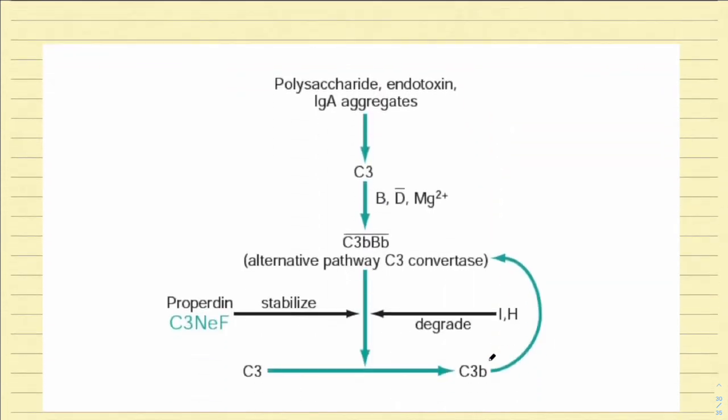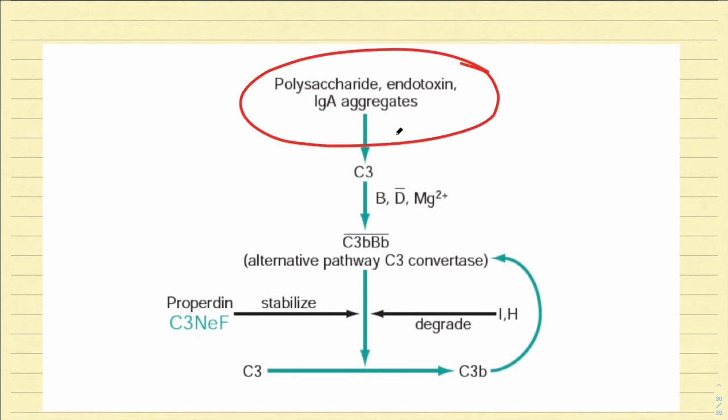So if you look over here, basically, for example, if any of these factors are present, they are basically activating this C3 convertase. So normally this C3 convertase should be inhibited in our body.